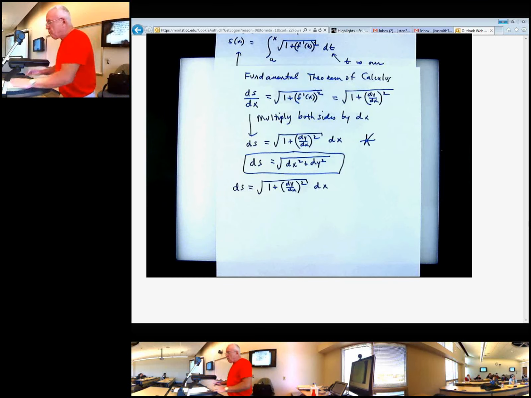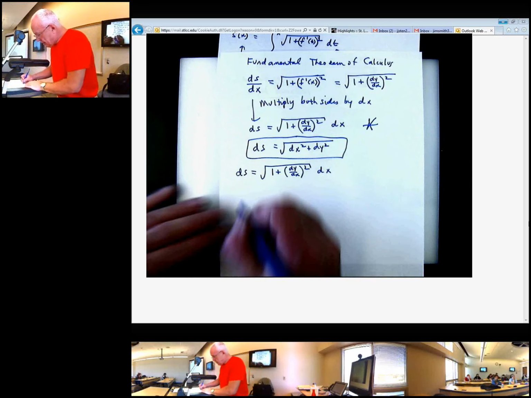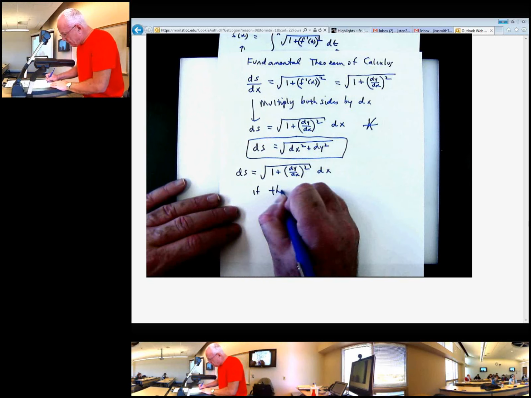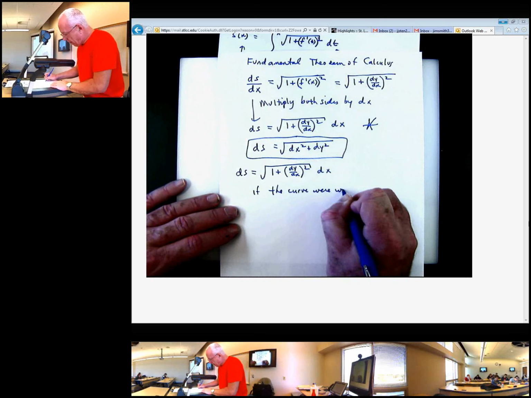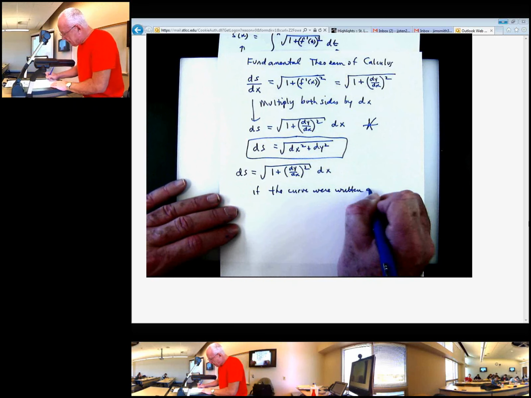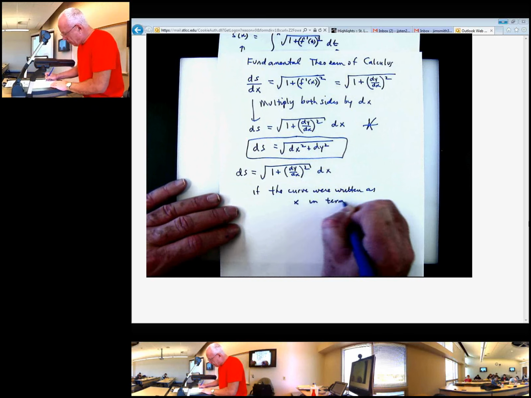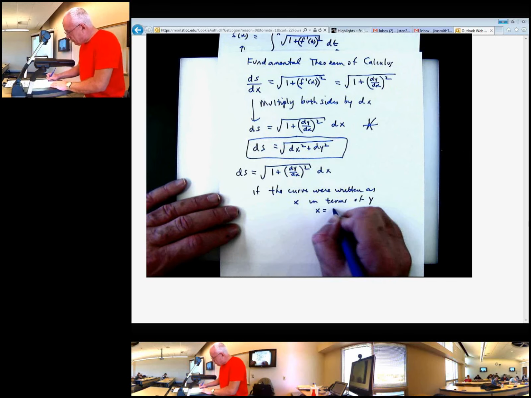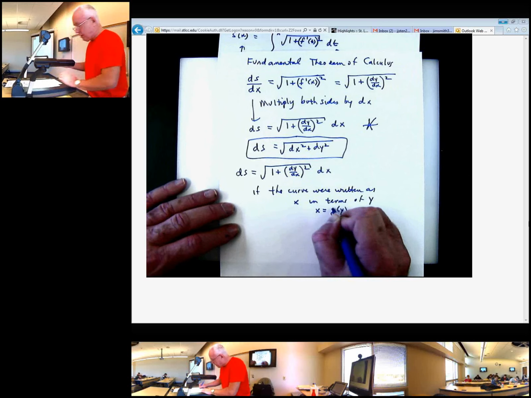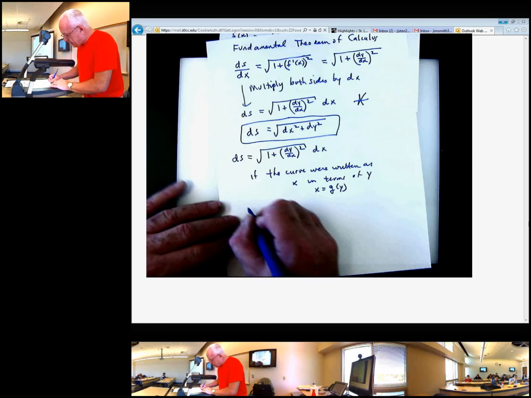Now, if we had our curve written as x in terms of y, in other words x equaling, say, g of y, then we would have the similar thing here.